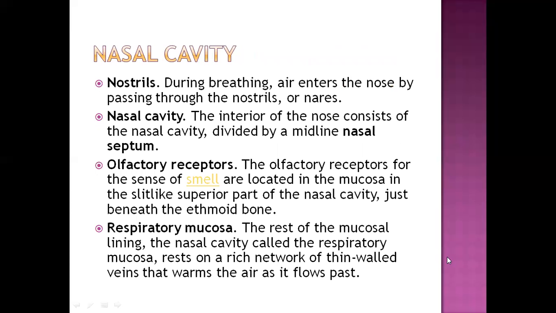Talking about nasal cavity, the opening of nasal cavity is nostrils. There are two nostrils, which are divided by a midline nasal septum. There are olfactory receptors, which are the receptors for the sense of smell. Also, there is respiratory mucosa, which moistens and purifies the air as it goes inside.